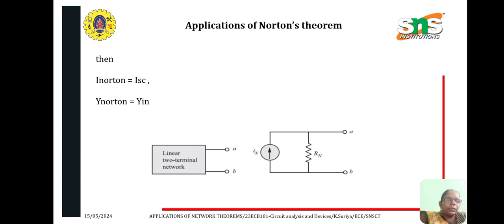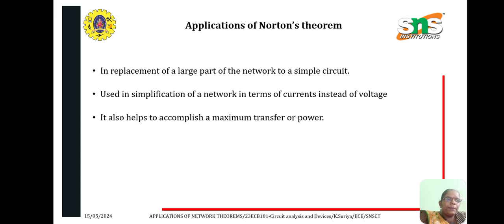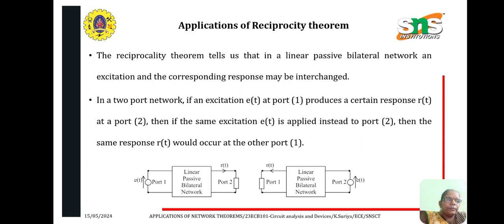This is an equivalent circuit for Norton's theorem. In the replacement of a large part of the network by a simple circuit, it is used in simplification of the network in terms of current instead of voltage, and it accomplishes maximum transfer of power.